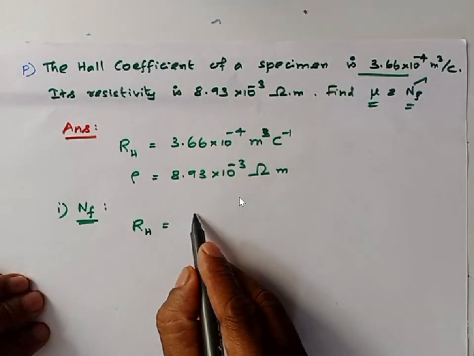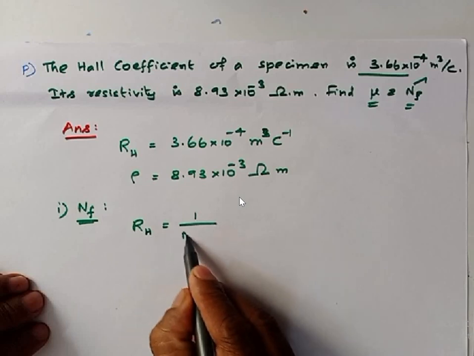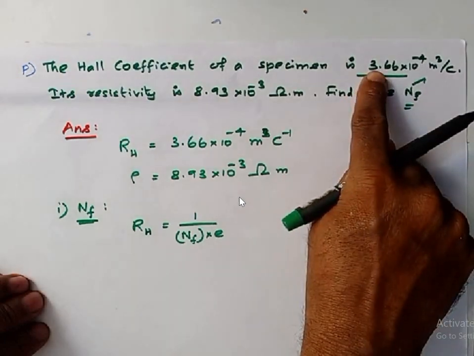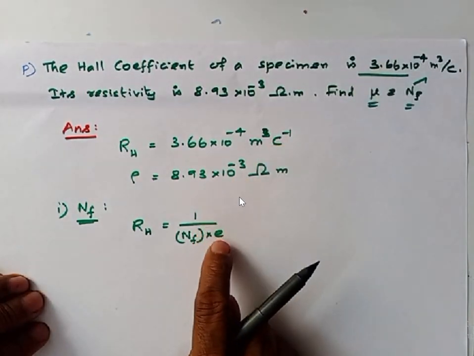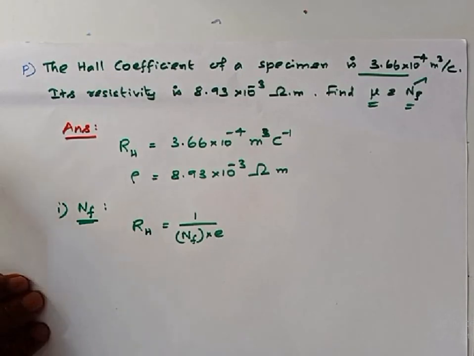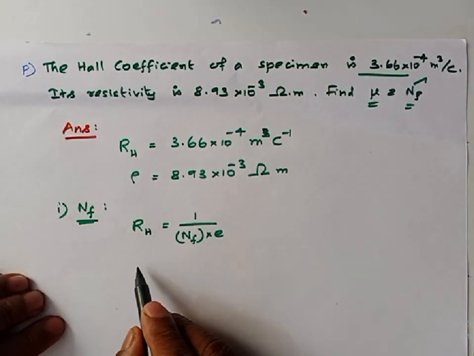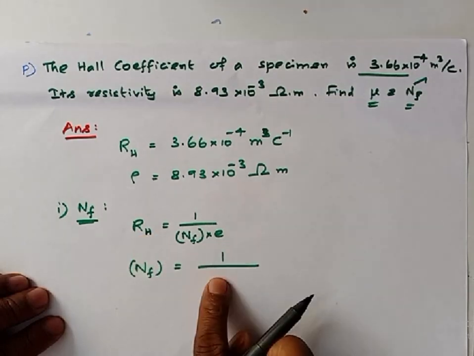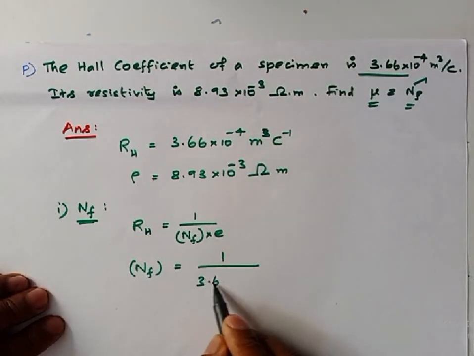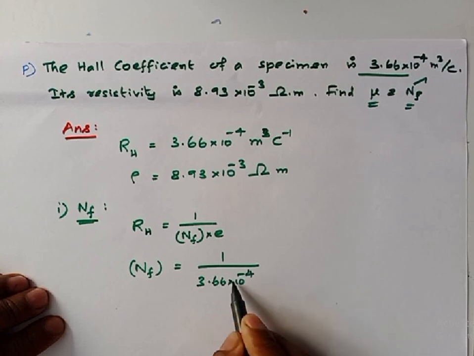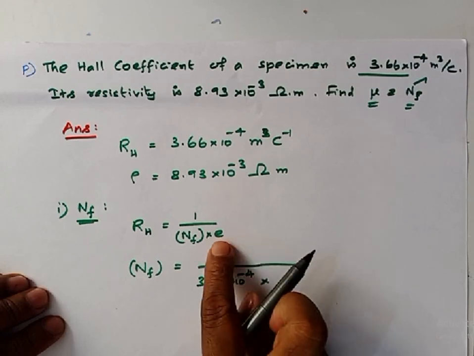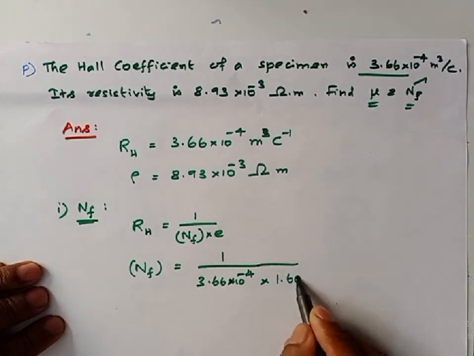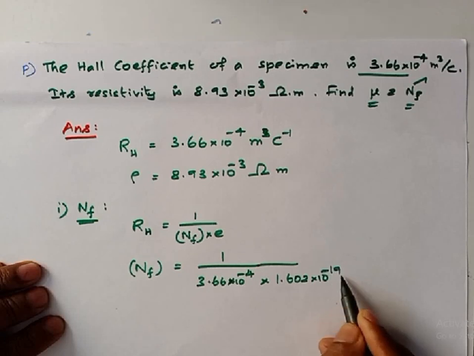Therefore, I can write the formula RH equal to 1 by NF into the charge of the carrier. Since the RH value is positive, the charge carrier should be a positive charge carrier. Therefore, NF is equal to 1 by RH value into charge of the charge carrier. RH is 3.66 into 10 to the power minus 4, and a positive charge carrier carries a charge of 1.602 into 10 to the power minus 19 coulomb.